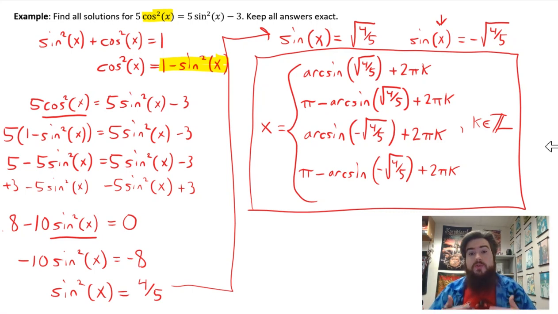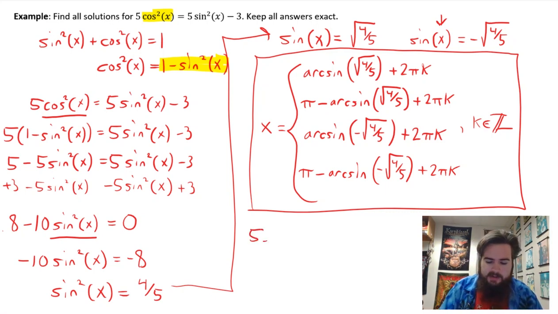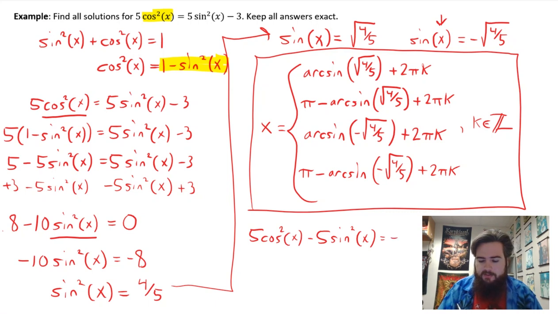We also could have used another identity if, for example, at the beginning we had moved 5 sine squared to the left side of the equation to get 5 cosine squared of x minus 5 sine squared of x is equal to negative 3, or 5 times the quantity cosine squared of x minus sine squared of x is equal to negative 3.